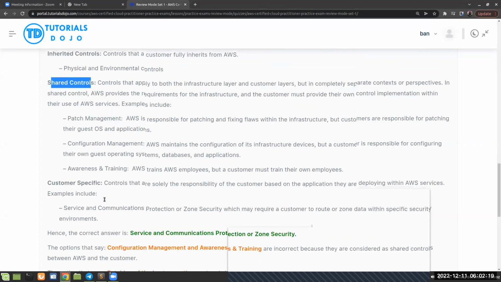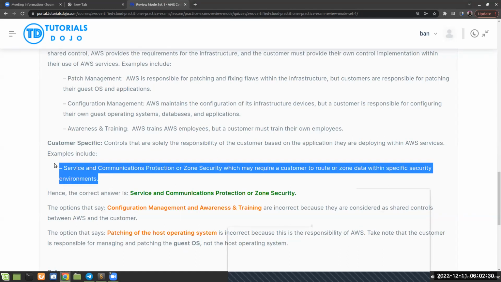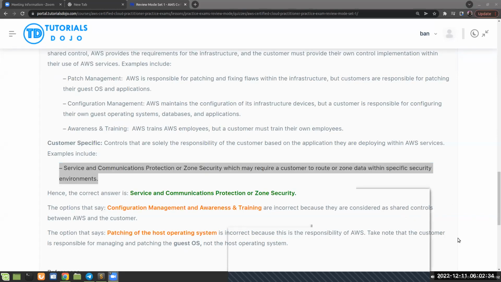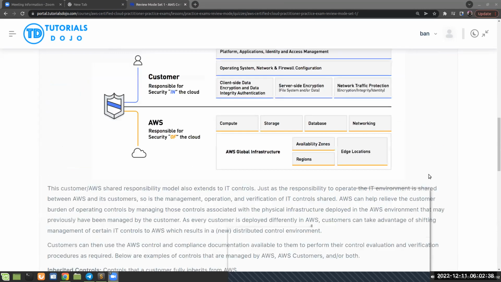Customer specific options are service and communication protections or zone security, which may require a customer to route or zone data within specific security environments. Okay, so those are the things to take care of.